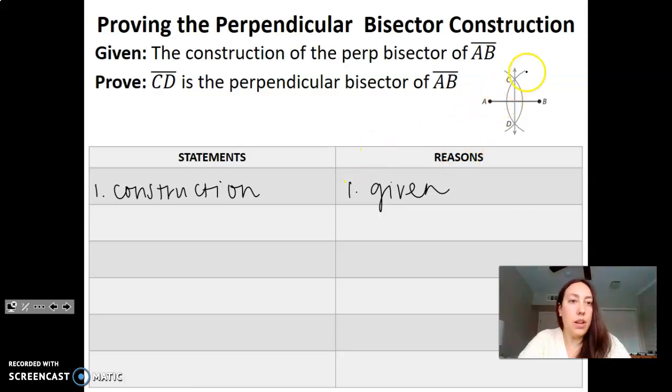Okay, first thing we know, I'm going to go ahead and draw a few segments here. I'm going to draw segment CA and segment CB. We know those two segments are equal because we used the same compass setting to create point C. So AC is congruent to BC because we used the same compass setting.